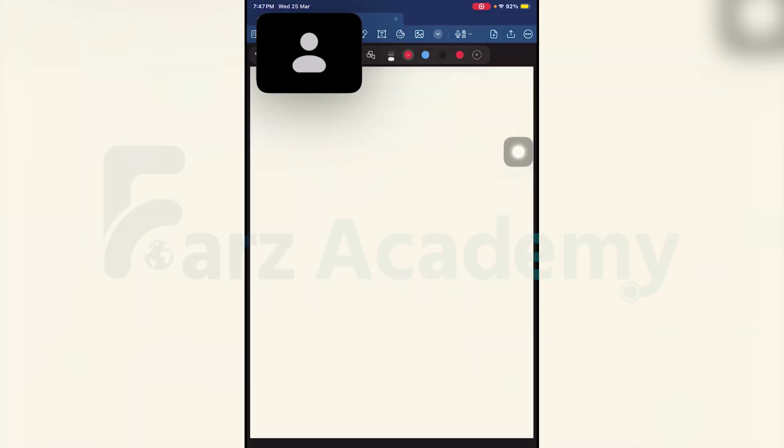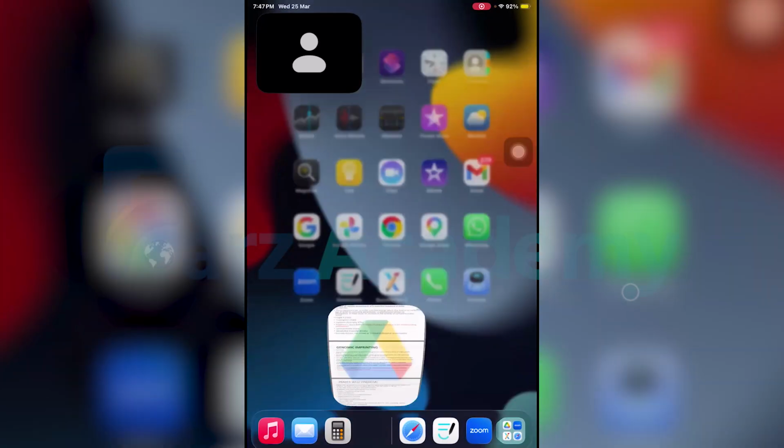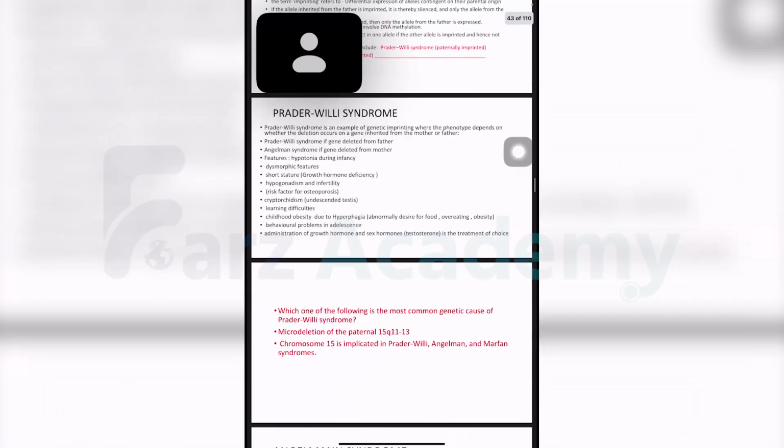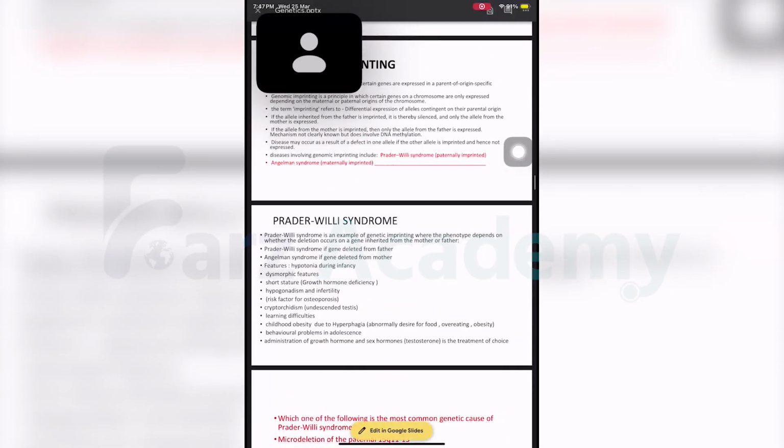So there is a differential expression of alleles. Now, what was the important feature that I told you about Prader-Willi? We discussed these slides, no? Which was the feature that will help in your MCQs to think about Prader-Willi instead of Angelman?